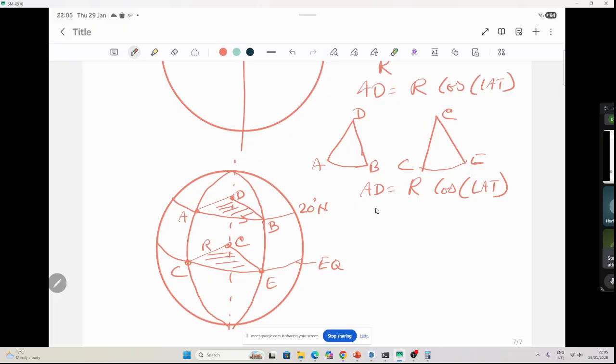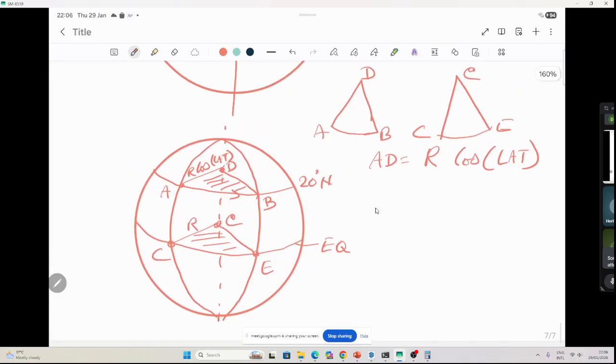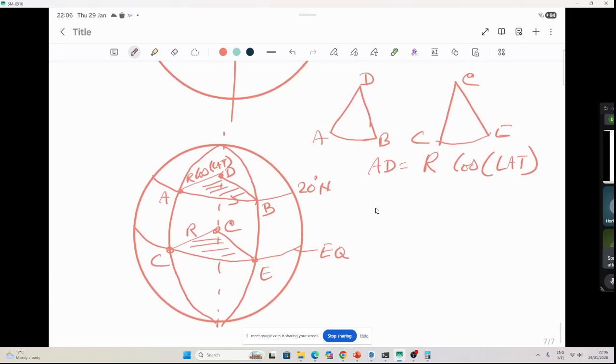So this is radius, but we proved that this is r cos latitude. So this is r cos latitude. This is r. And this AB is departure. This is departure. The actual distance. And CE is what? CE is D long.